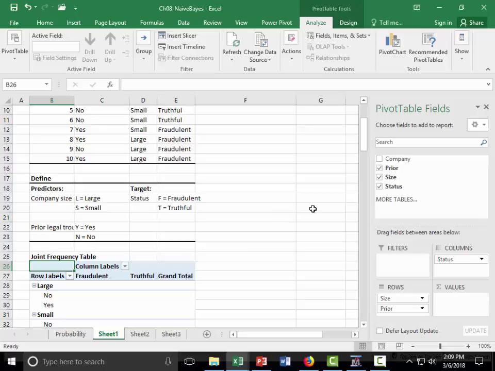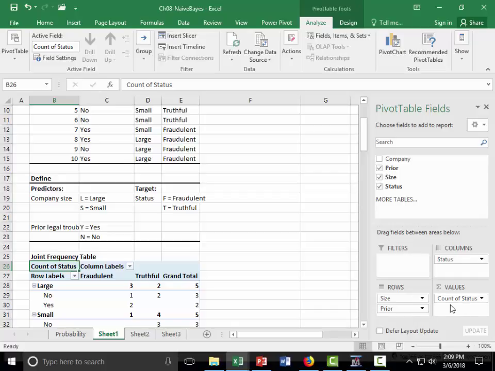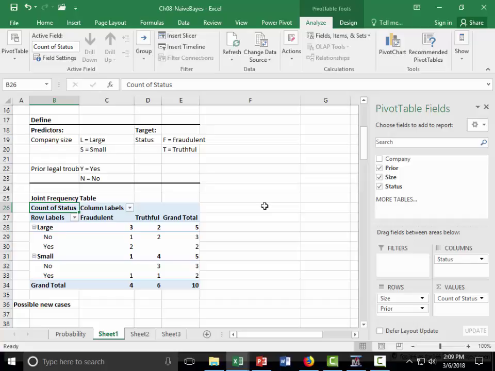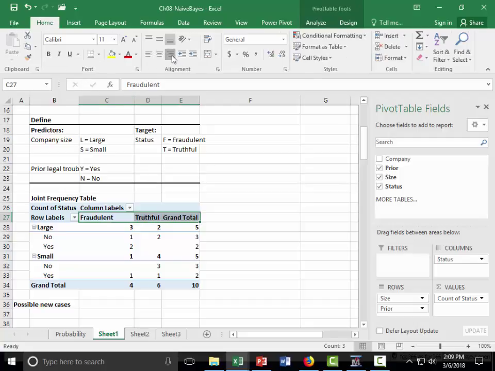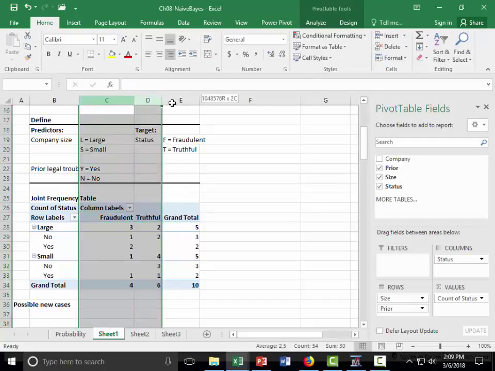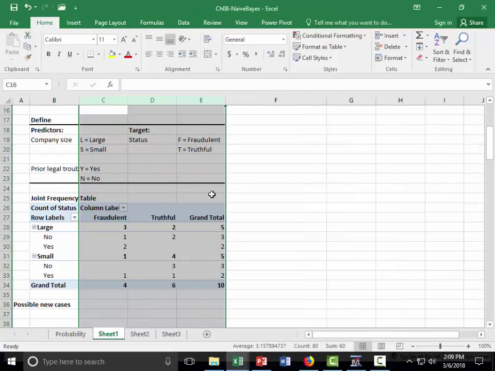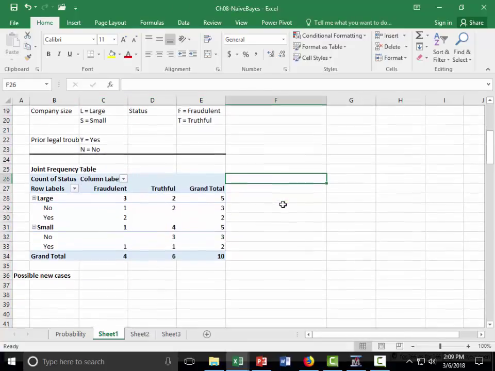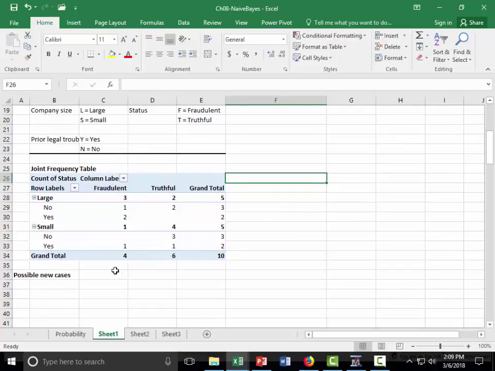Then we can use any one of these as the values, so that will give us a count under each of those possibilities. Do some formatting.